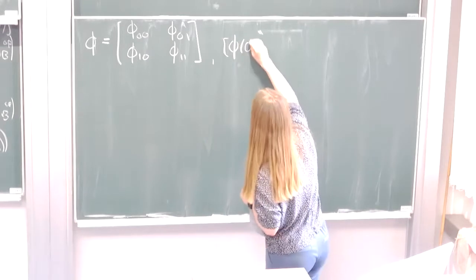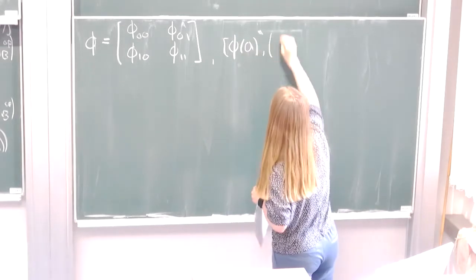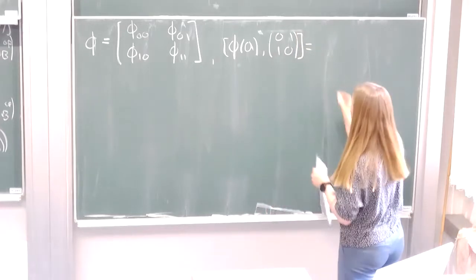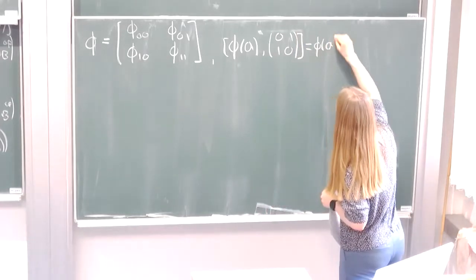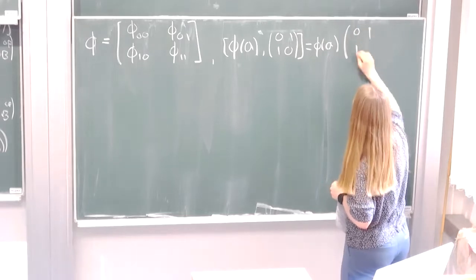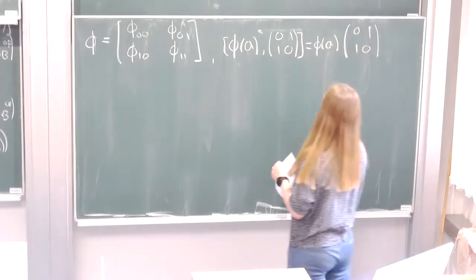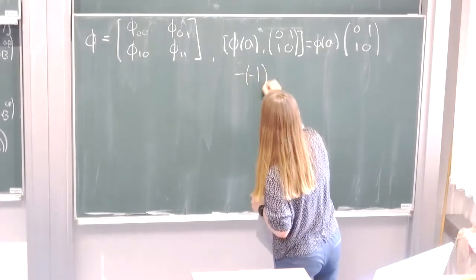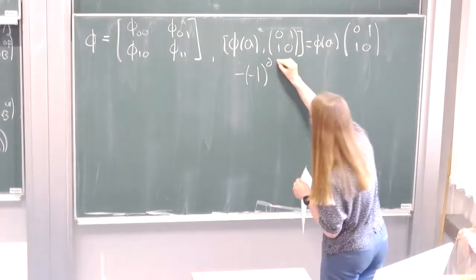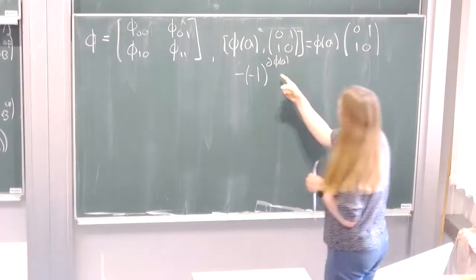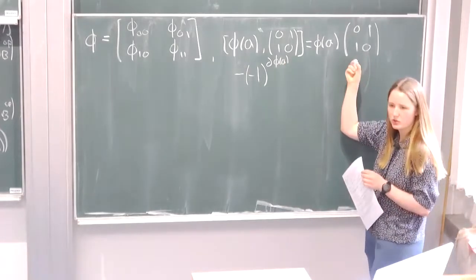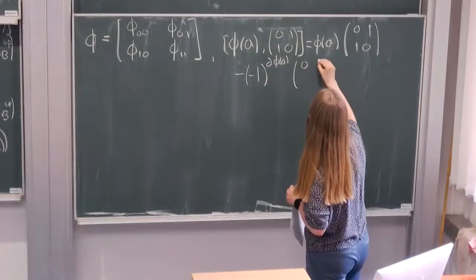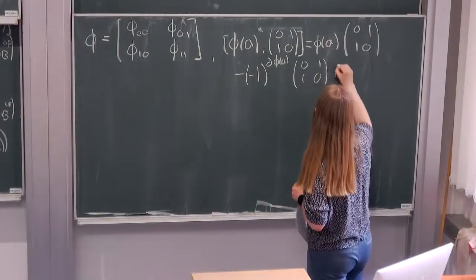So we have phi of a times the operator 0, 1, 1, 0, minus 1 to the degree of phi of a times the degree of this operator, which is just 1, times the operator times phi of a.